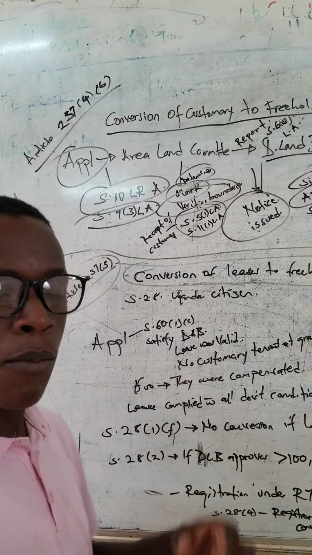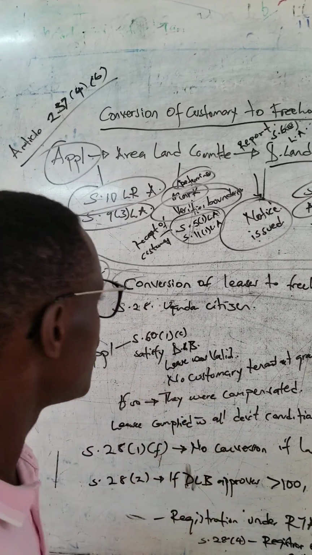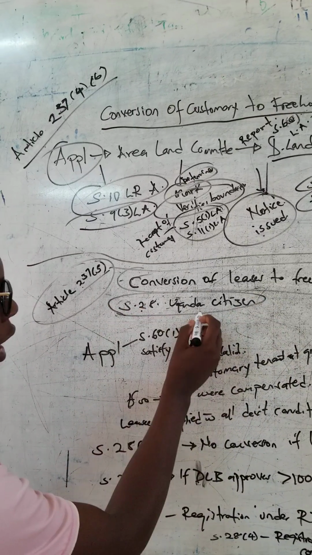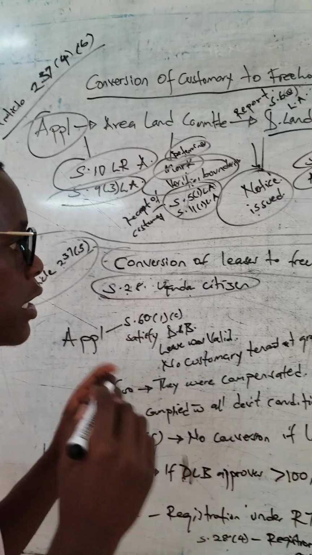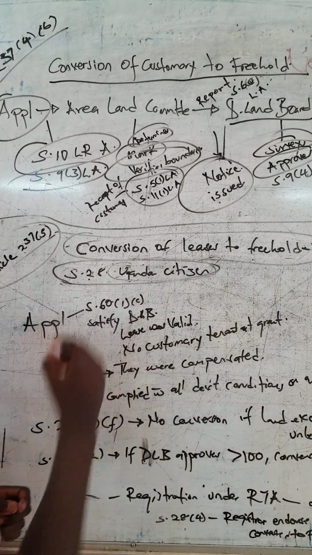A freehold, provided he is a citizen of Uganda. Even section 28 of the Land Act provides that for someone to transfer his lease into a freehold, he must be a Ugandan citizen.